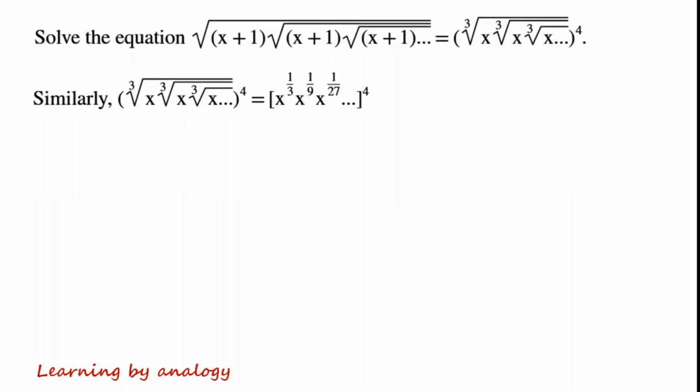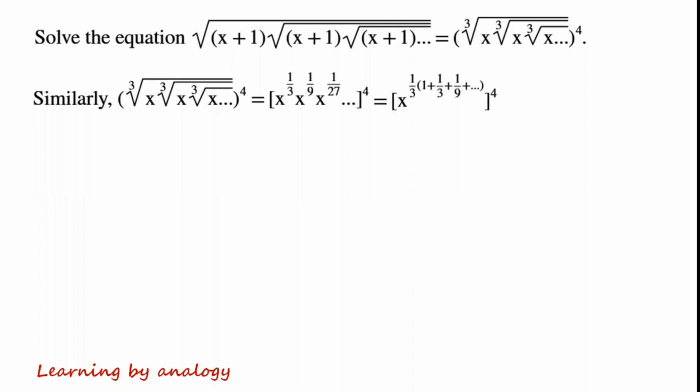Similarly, the right-hand side of the given equation equals x to the power of a third times x to the power of 1 over 9 times x to the power of 1 over 27, and so on, all to the power of 4.